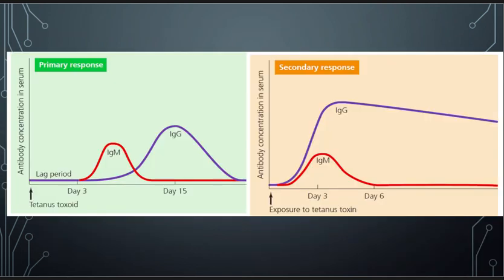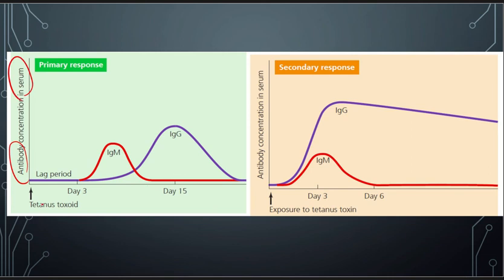There's really just two things that I want you to make sure that you take away from this, because this is just a graph of the primary immune response and a secondary immune response, and basically what we should expect to see as far as antibodies go in our serum.